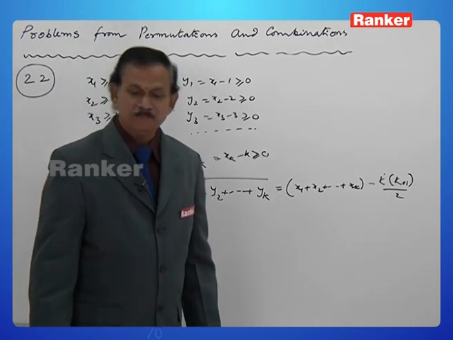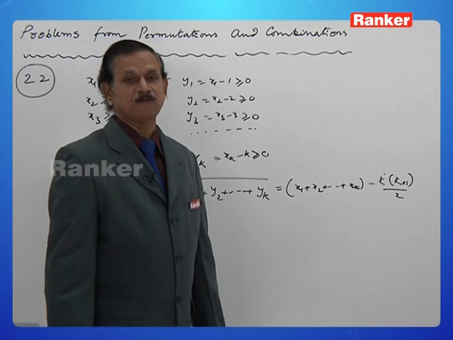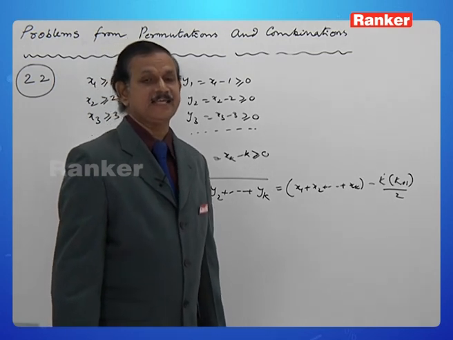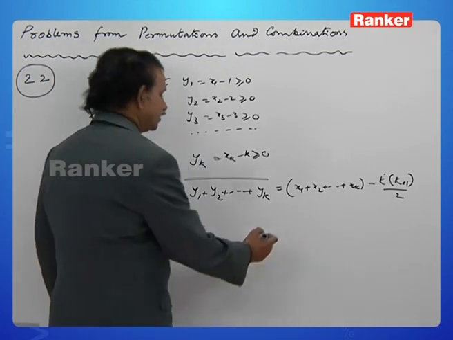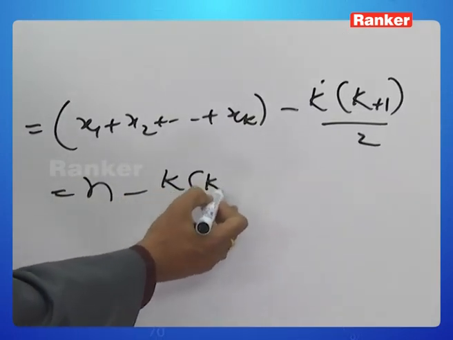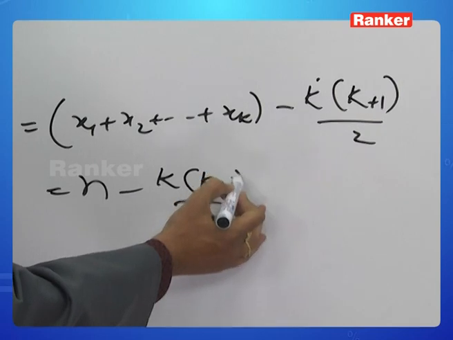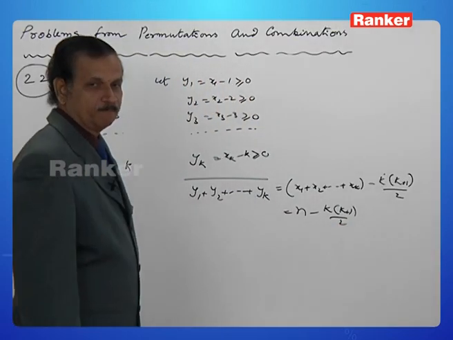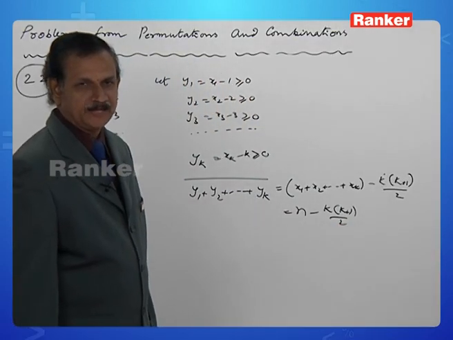But in the problem, it has been given that x1 plus x2 plus etc. xn is n. Hence, we can take it as n minus k into k plus 1 by 2.